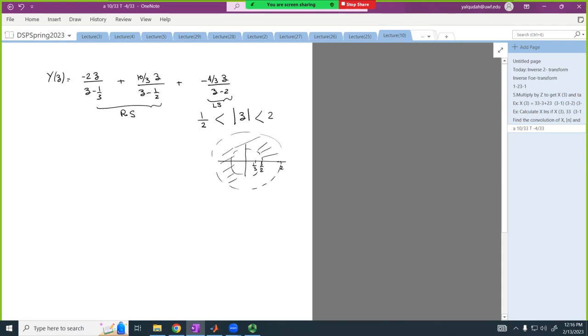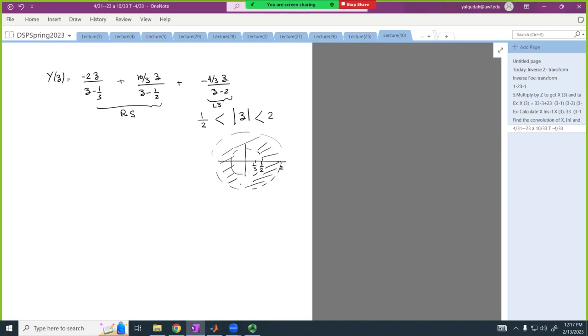For the 1/2, it's outside of it, right-sided. For the 2, it is inside of it, it is left-sided. Make sense? Two would also be outside of it. No, it's to the inside of it. So if you think of each thing, it's another circle of that radius. If I'm at the 2, the region of convergence is to the inside of me. If I am at 1/2, it's to the outside of me. If I am at 1/3, it's to the outside of me. Got it.